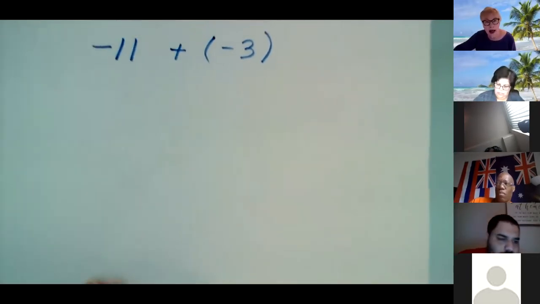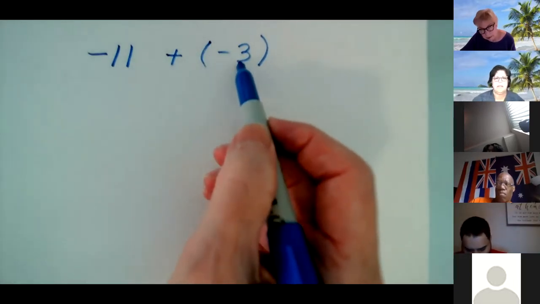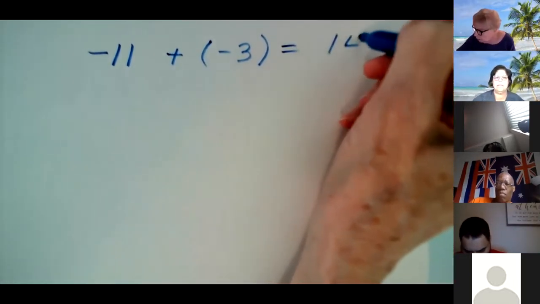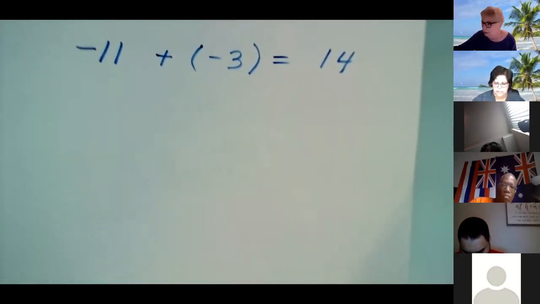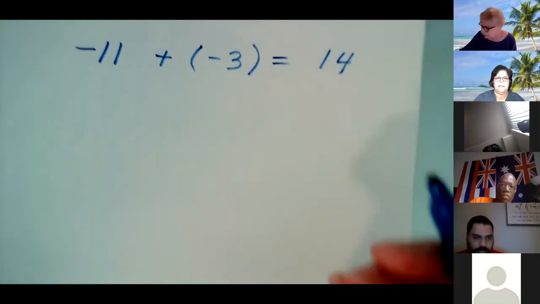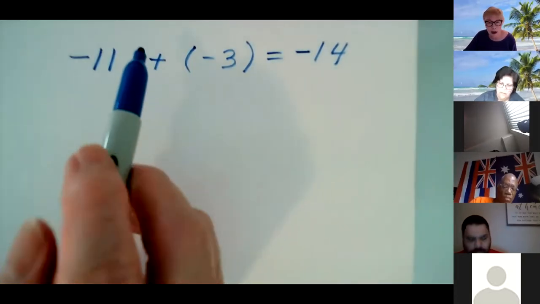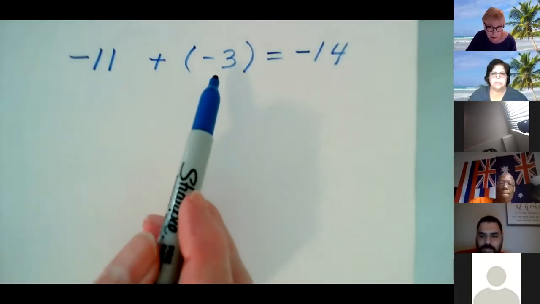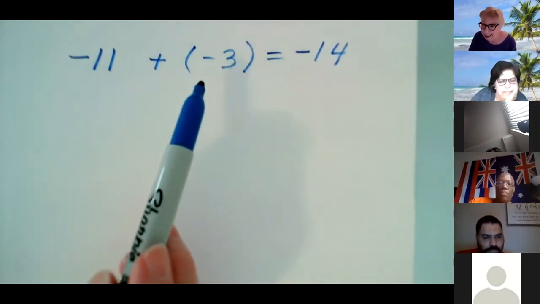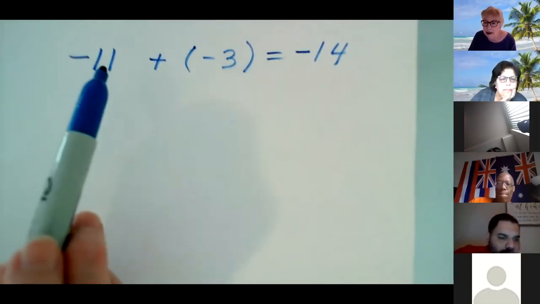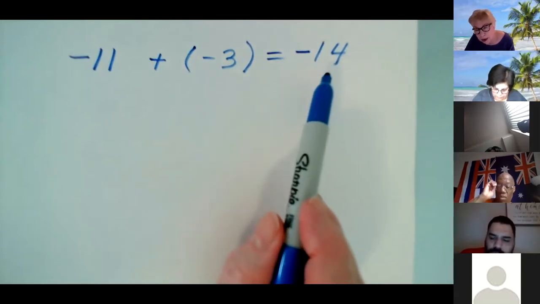So I have to add 11 and 3, and the answer is 14. But guess what? What's the sign? Negative. Exactly. You see that this is like, as far as banking is concerned, this is not a good day. As far as temperature, this is not a good day, right? It's a negative and then it piles on for more negative, which means it's lower than it was to start.